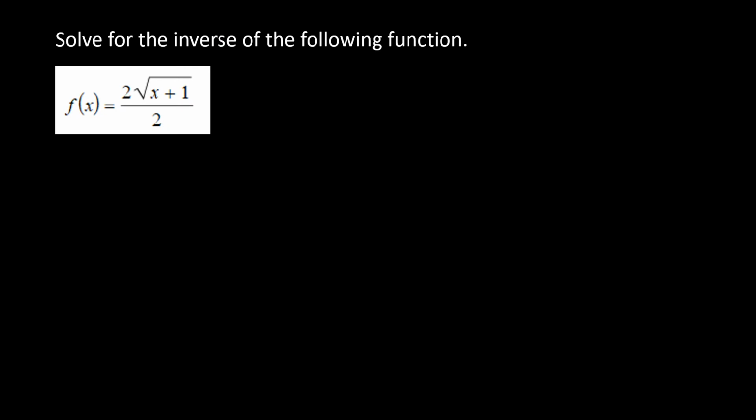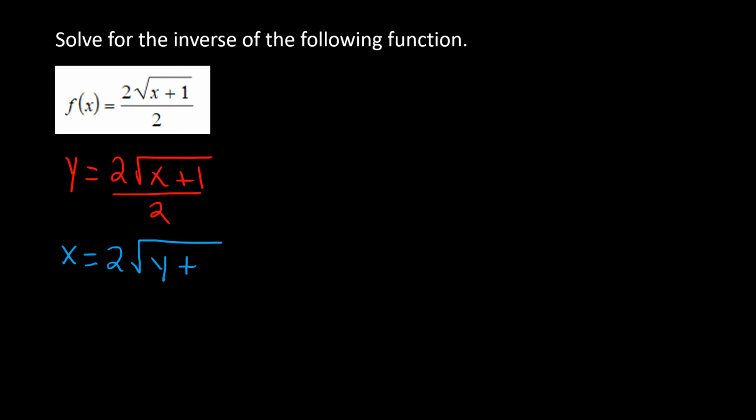Okay, so then when we're solving this one here, we're going to go ahead and rewrite this as y equals 2 square root of x plus 1 over 2. We're going to switch our x and y, so we'll have x equals 2 square root of y plus 1 over 2.